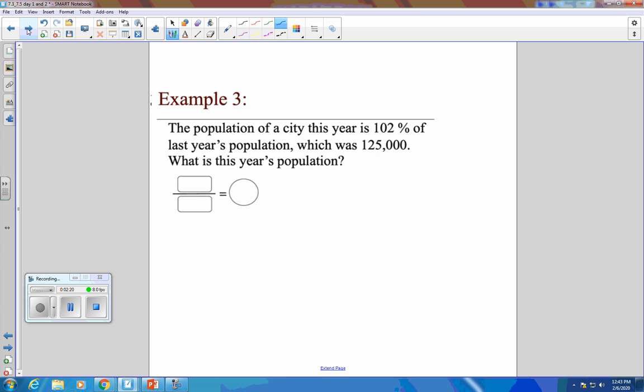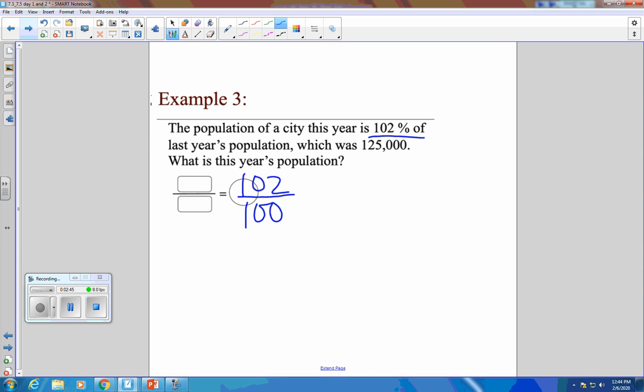Okay, so this one says the population of a city this year is 102% of last year's population, which was 125,000 people. What is this year's population? Well, the first thing I see is that 102%. So I'm going to put 102 over 100. I know that that's my percent, and it's always over 100.